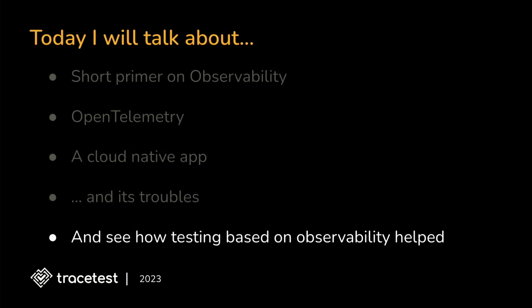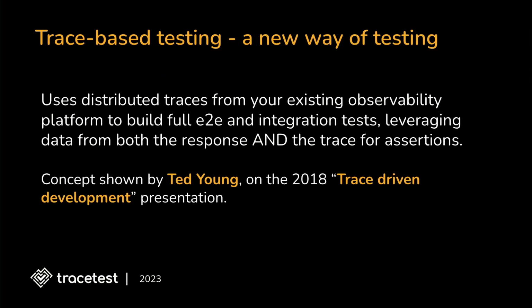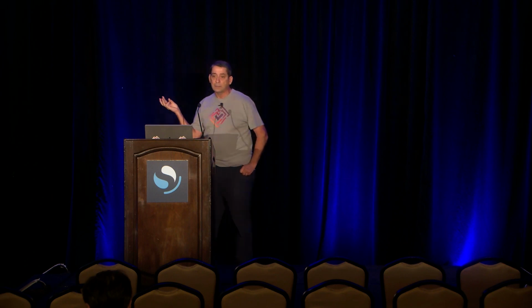All right, so to the last part, I want to talk about how they use testing based on observability and introduce a term called trace-based testing, and it's a new way of doing testing. If I go back to technology changes since 2005, and we talked about it earlier, we started doing metrics, and then we started doing distributed logging, and then we started doing distributed tracing to get better visibility in production.